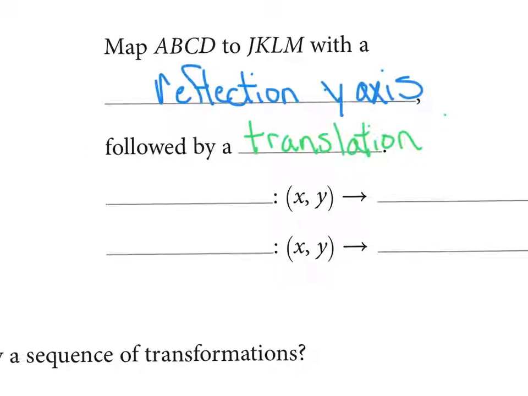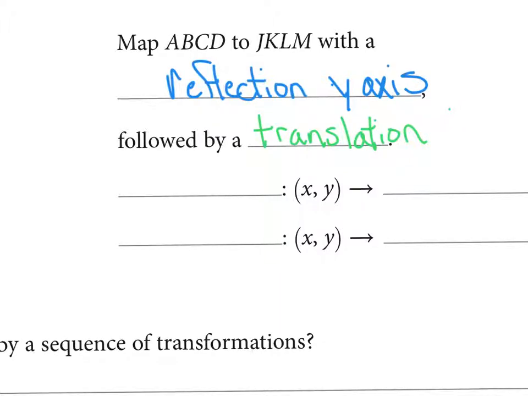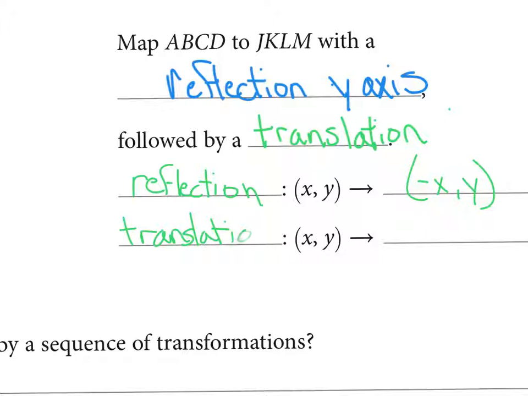Over 2, down 10. So the reflection we write as opposite x, y, and the translation we write right 2 and down 10. And that's what I see to do, and we'll talk more about that in class. So see you tomorrow.